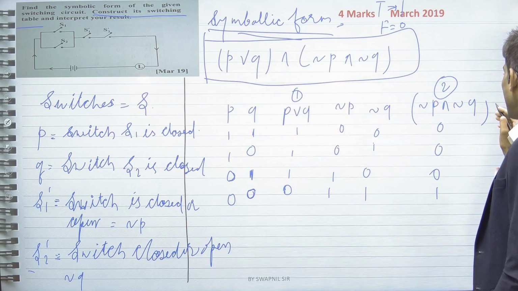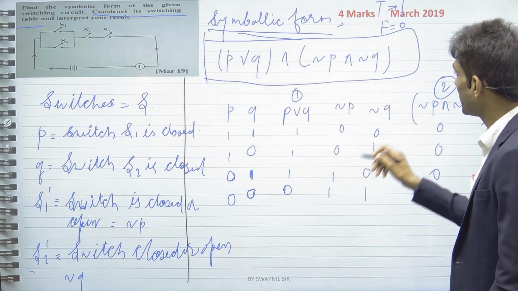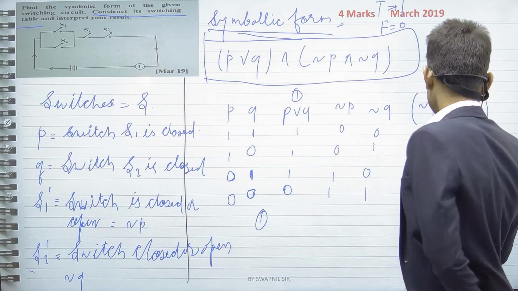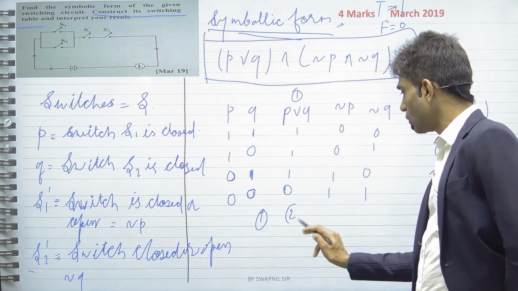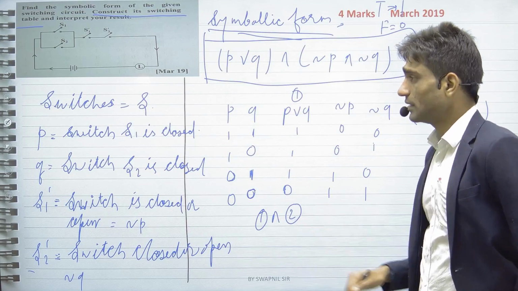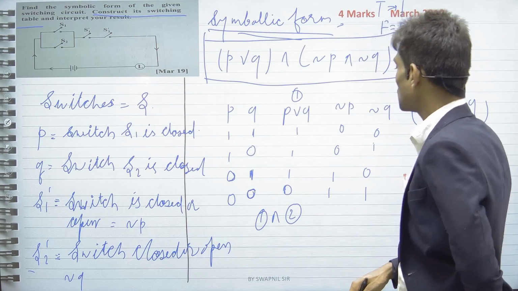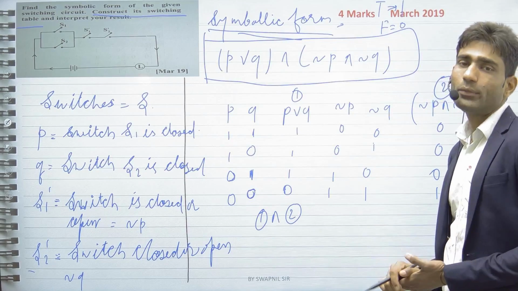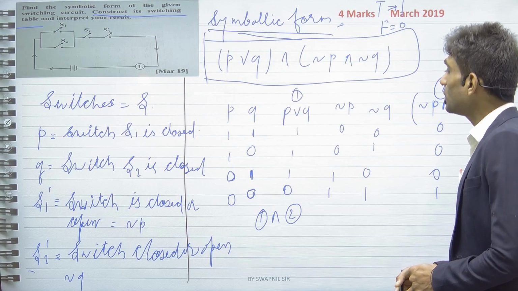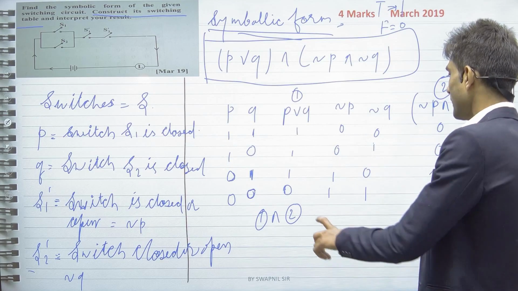Take the AND sign between 1 and 2. I don't have space here, so I'm taking it downside. Between 1 and 2 we use AND, that means conjunction. Conjunction represents that whenever we have two statements which are true, that means two statements which are 1, then it goes to 1.